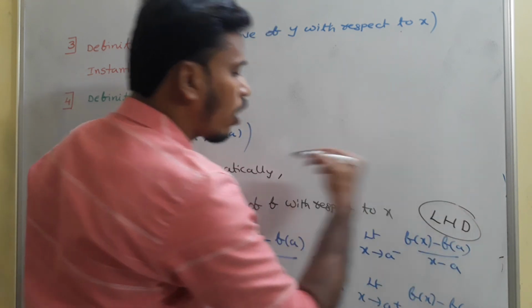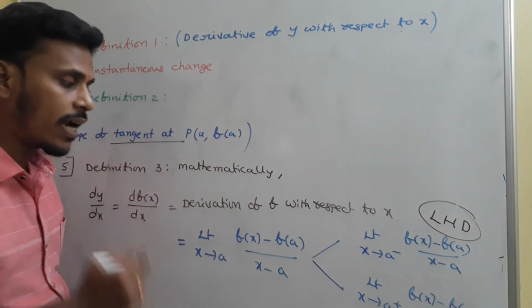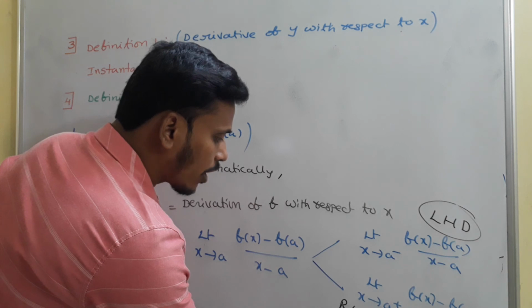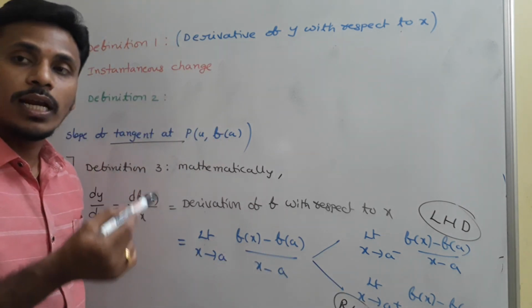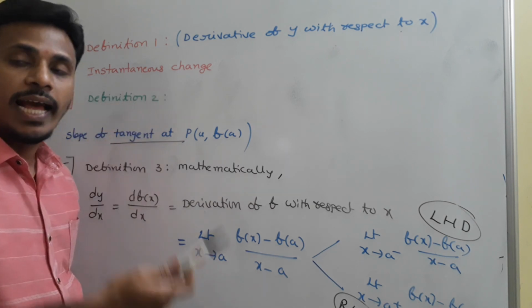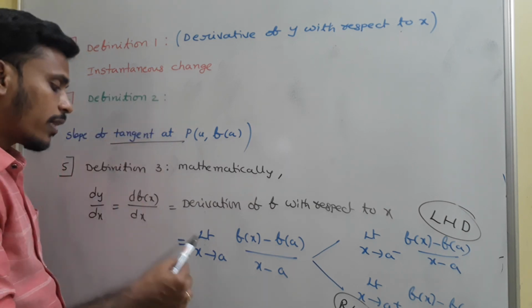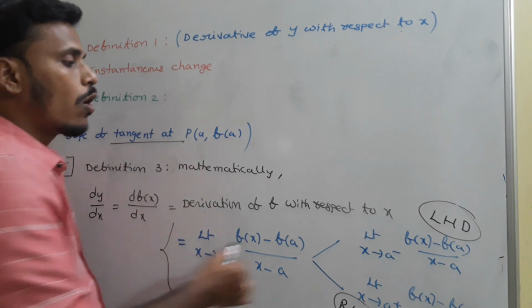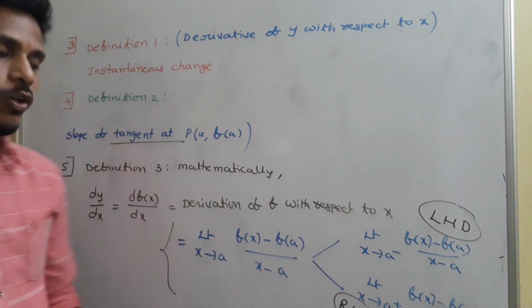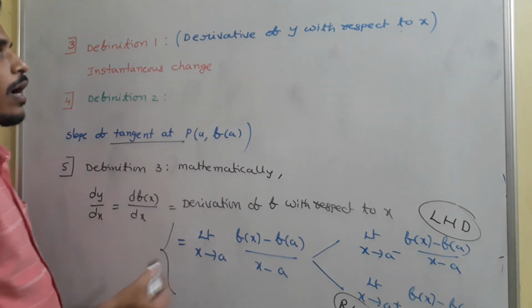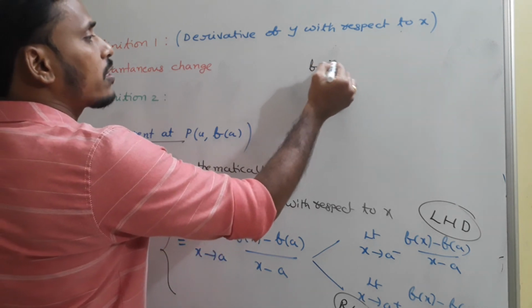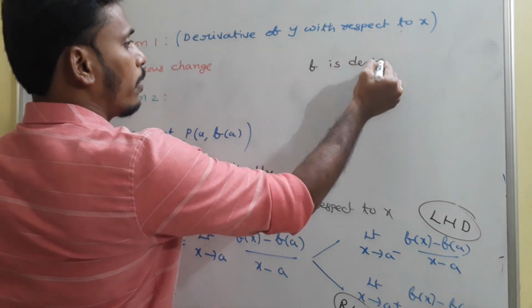In particular, we call the left one LHD, left hand derivative, and this is RHD, right hand derivative. Simply, to calculate a limit we move with the left limit as well as the right limit. In the same way, to calculate the derivative, once we move with the left hand derivative and once with the right hand derivative.